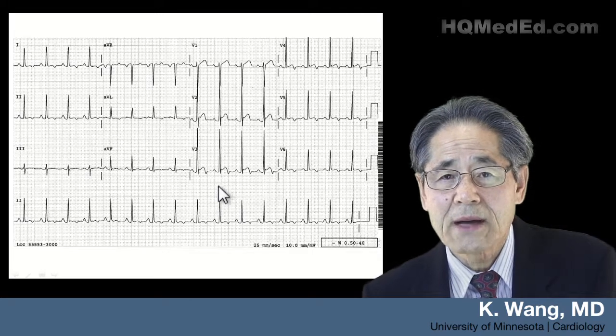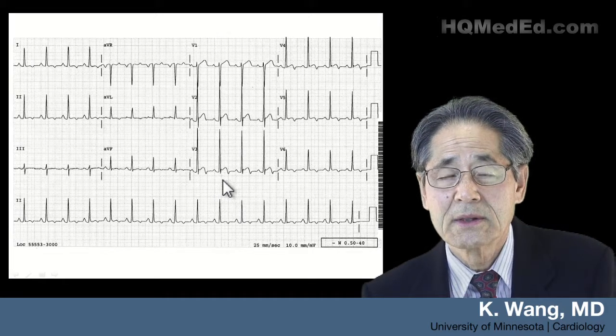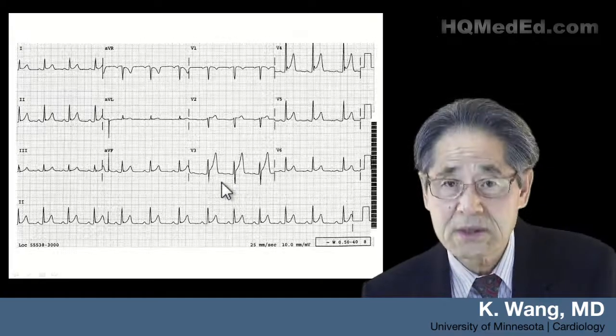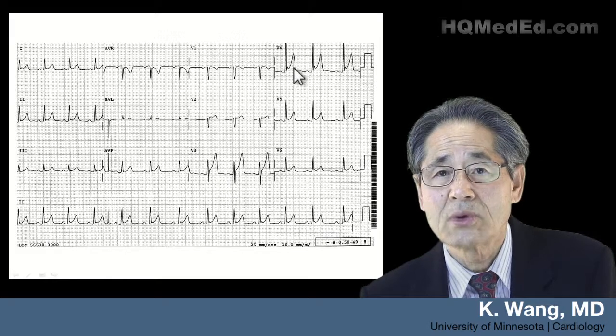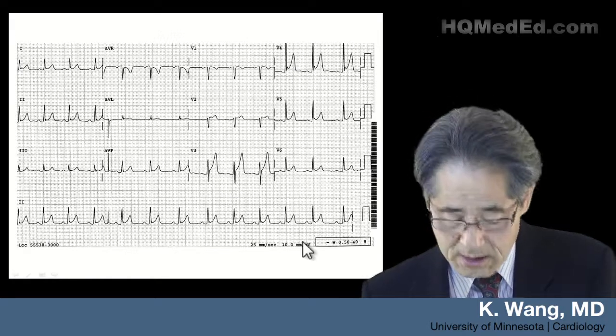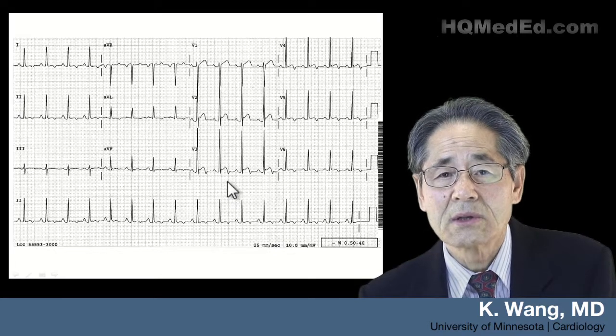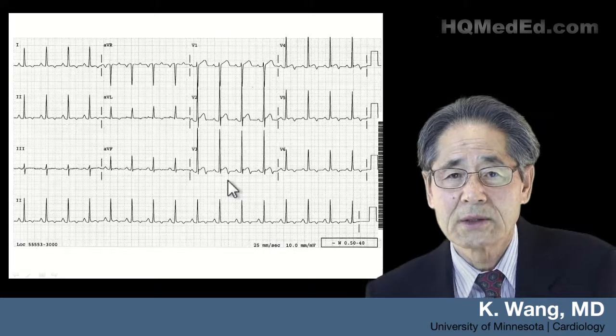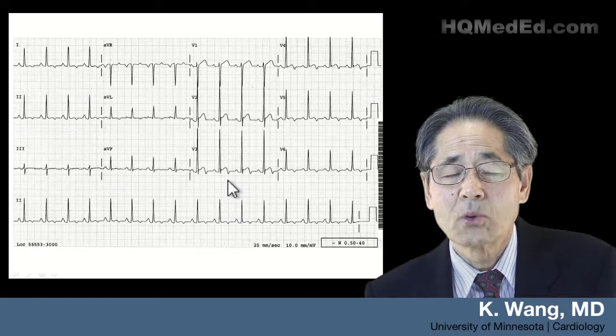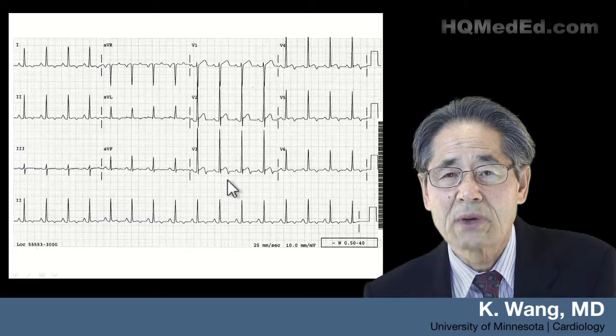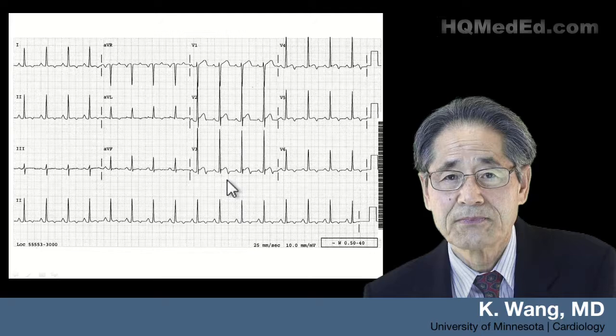This is another kind of normal variant. There's a notch at the junction, ST elevation, but instead of a tall T, like in early repolarization pattern, this patient has an inverted T. This is another kind of normal variant, and unfortunately, not many people are familiar with this.